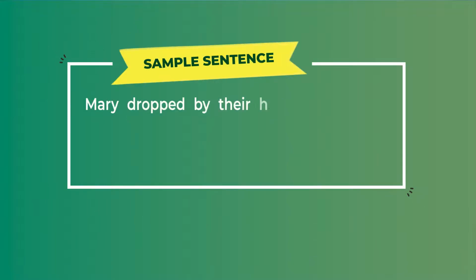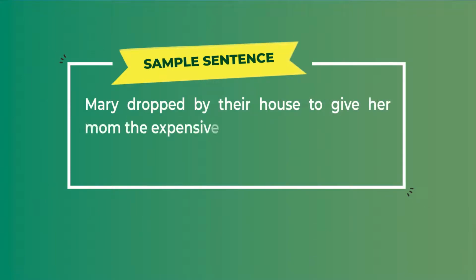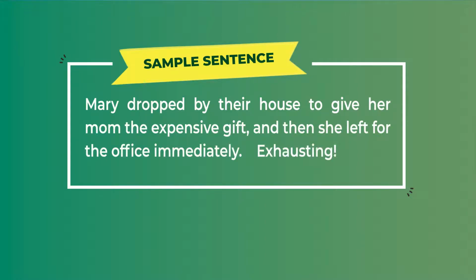In our sample sentence, Mary dropped by their house to give her mom the expensive gift and then she left for the office immediately, exhausting. How many adverbs do you think we have there? If you answered 2, spot on! That's the right answer.